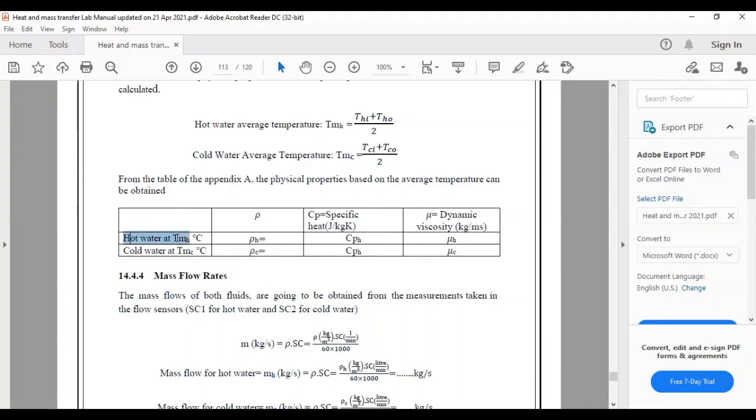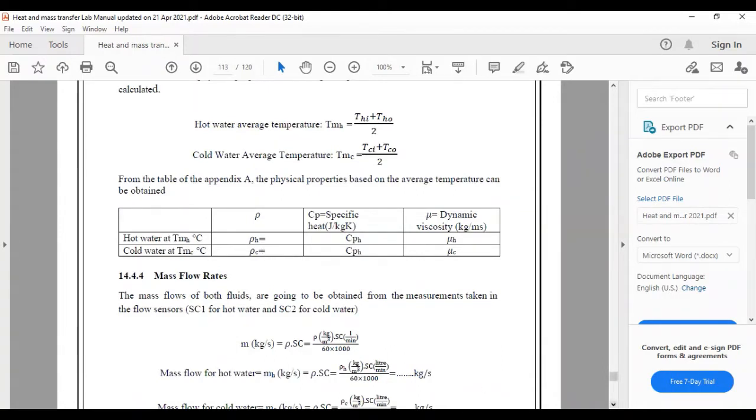So at the hot water average value, we will determine these properties from the table given at the end of this lab manual, Appendix A, or you can find these values from internet sources as well. For cold water, we will likewise use its average temperature to determine these three parameters: density, specific heat and dynamic viscosity.